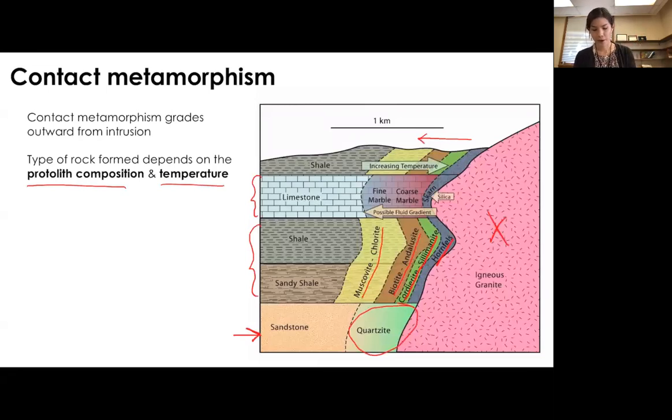So we go from a calcium carbonate marble that is fairly fine grained to one that is coarser grained at higher temperatures. These are just some examples of how the original composition of the rock and the temperatures result in slightly different metamorphic rocks in contact metamorphic conditions. We'll see some other assemblages when we look at regional metamorphism.